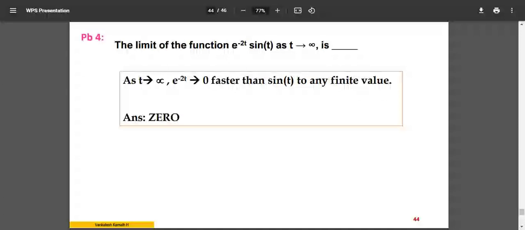So who will reach faster? Whether t reaches faster or e power minus 2t reaches faster, that is the analysis. So e power minus 2t, moving with a high speed, double the speed of t, will reach 0 faster. So any value, constant or variable, multiplied with a 0 will be 0.